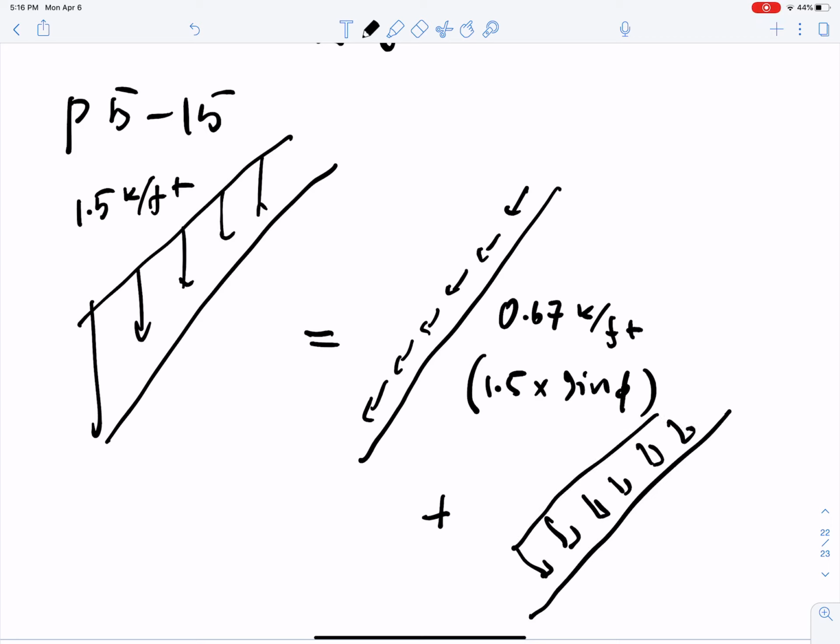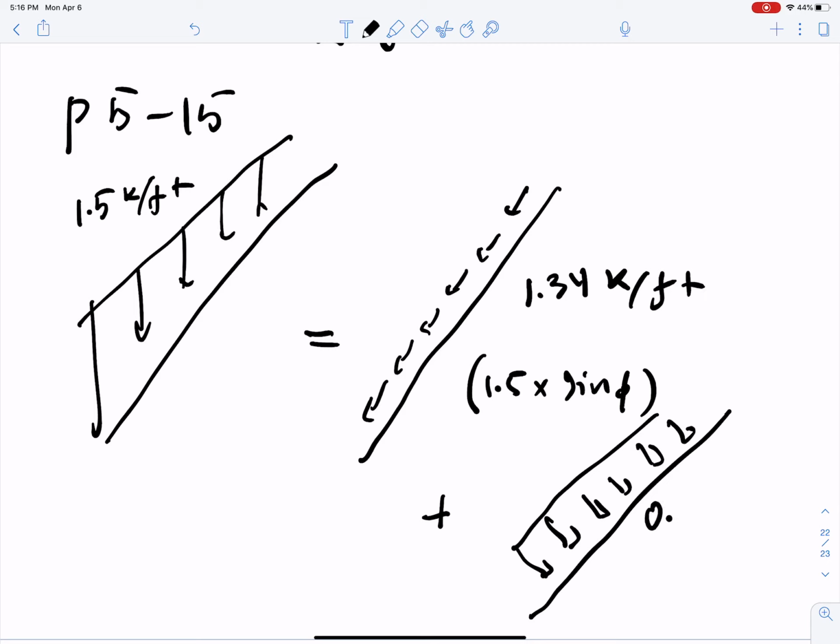Sorry, no, this is not 0.67. I apologize, sines and cosines. We get exactly 1.34 kilopounds per foot, and this is 1.5 times sine phi.